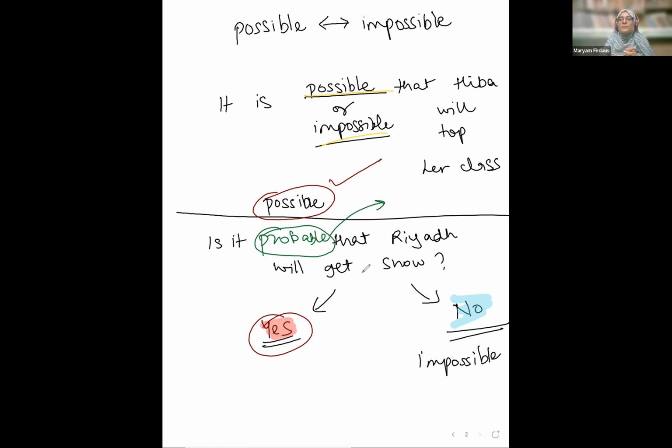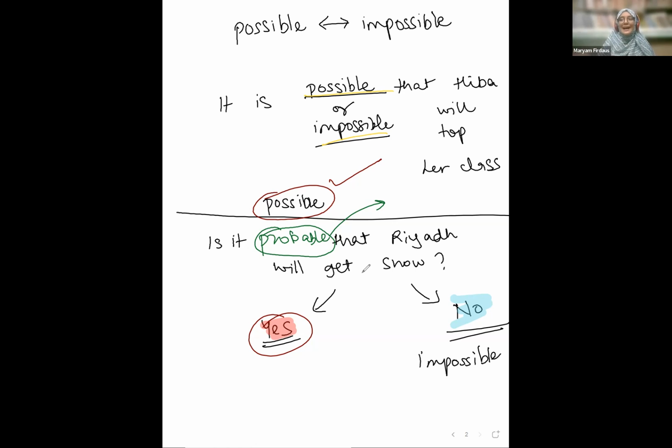We don't know the future, but we know the past, right? We know how many times something has happened before. So we can tell, for example, that Riyadh gets very little snow, or that it has gotten snow only once in so many years.